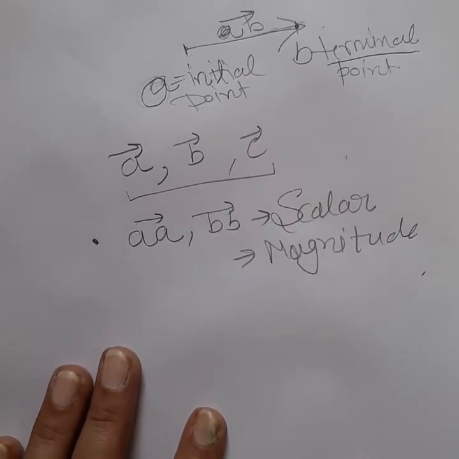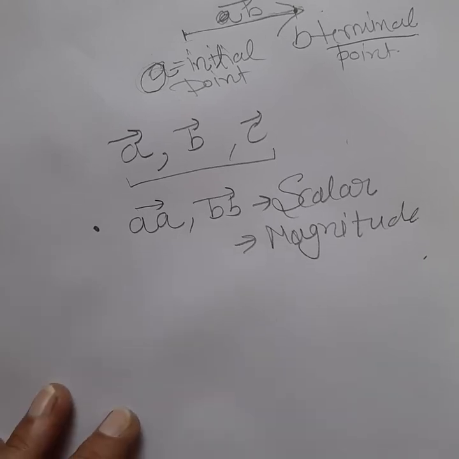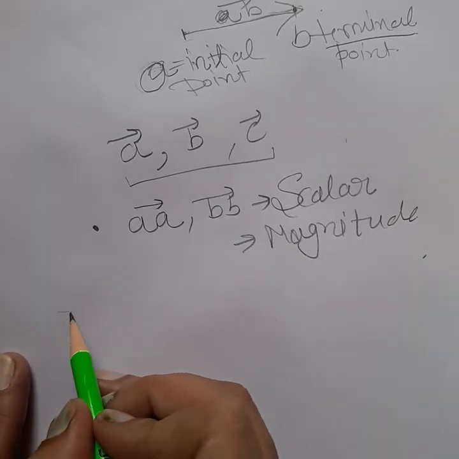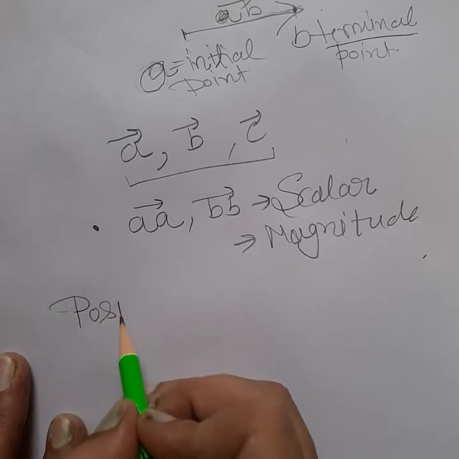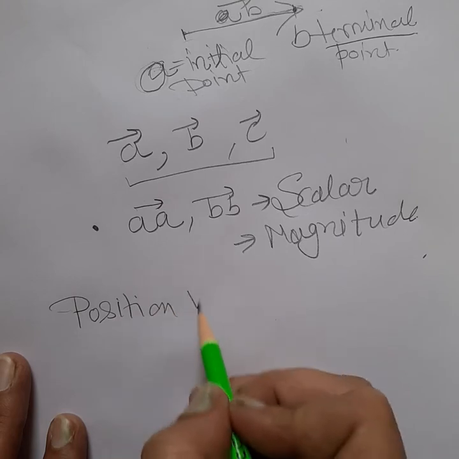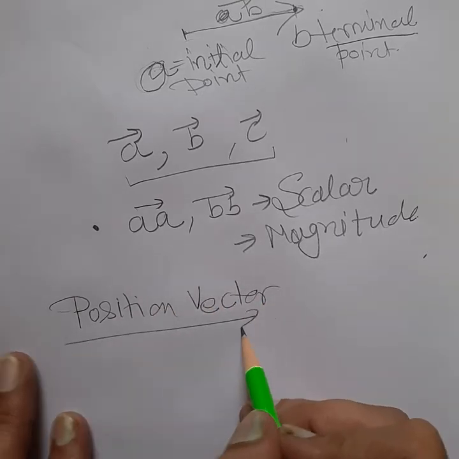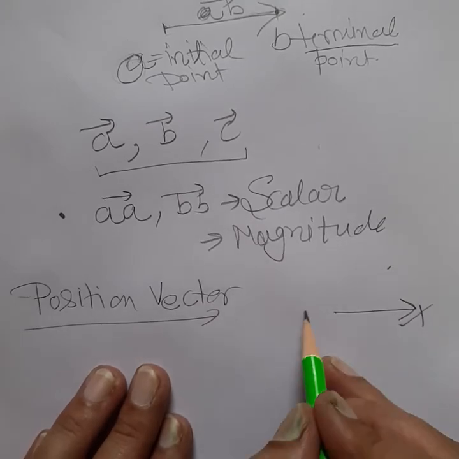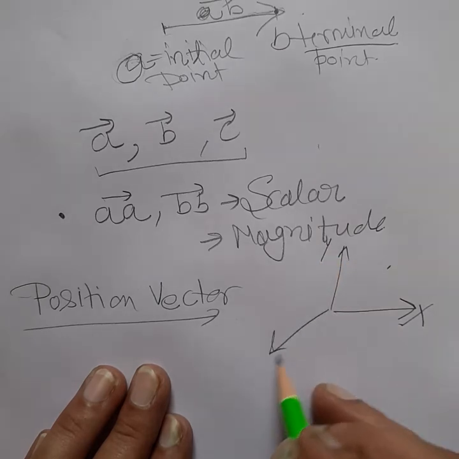And what is the length and magnitude of a vector? We discuss that here. First of all, we should know about the position vector, because vectors are studied in space, and in space we have three directions: the x-axis, y-axis and z-axis.